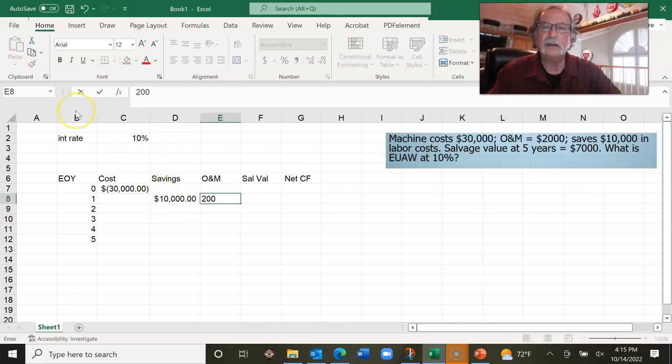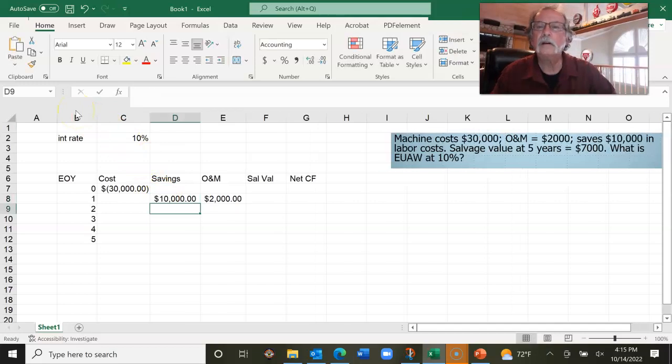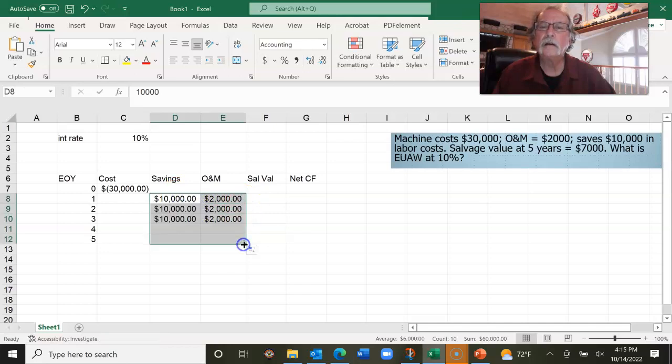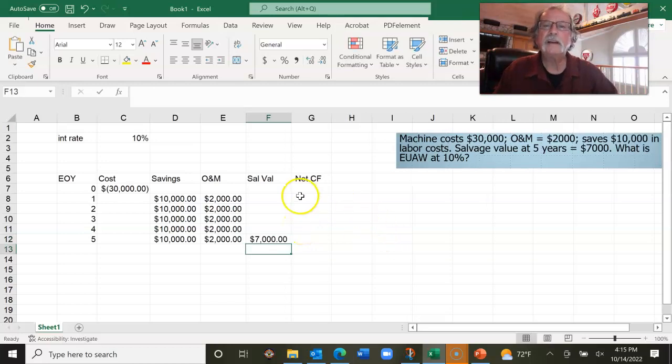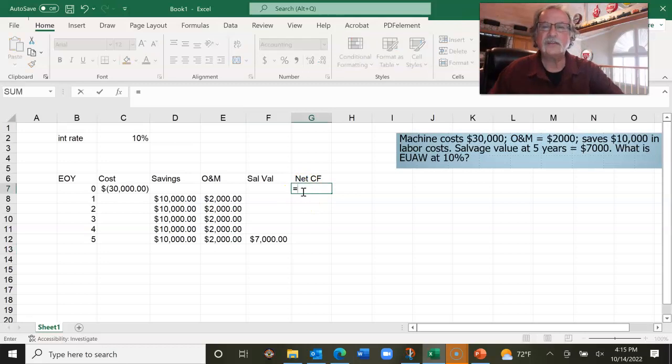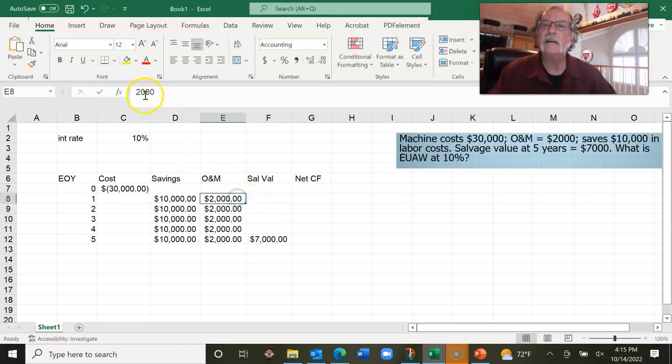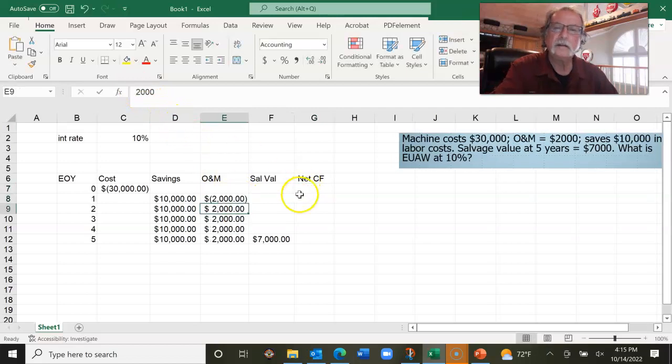Our O&M is $2,000 per year. And our salvage value is $7,000. So our net cash flow is going to be the sum across. Actually, I did this wrong. Let's make this negative, that way we can sum it across.